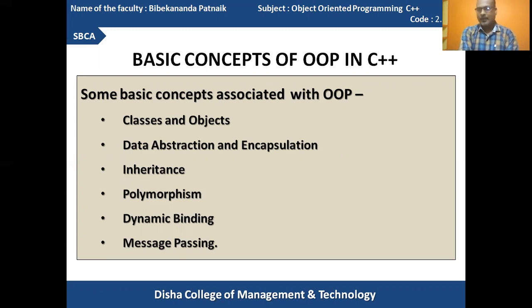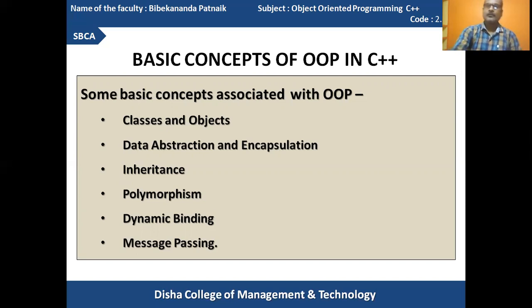So basically object-oriented programming has four pillars, that is data abstraction, encapsulation, inheritance, polymorphism, and class and object.